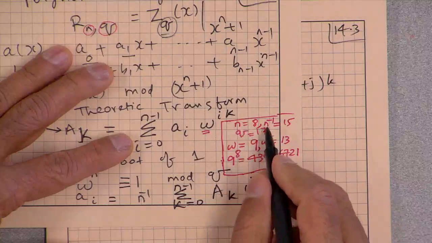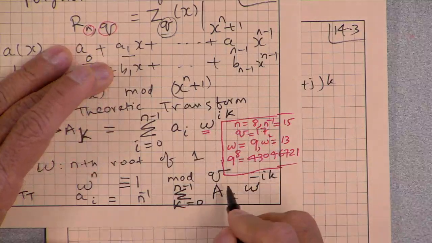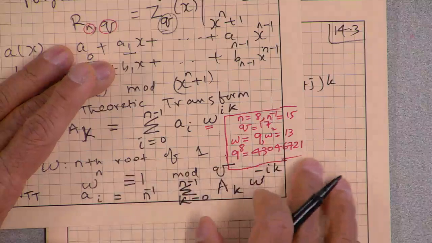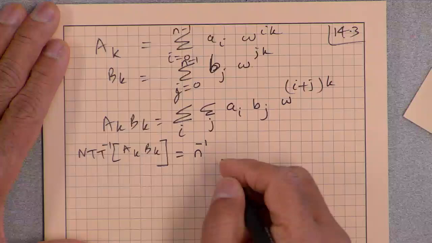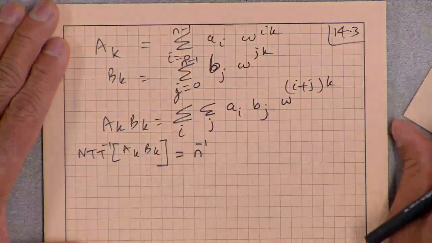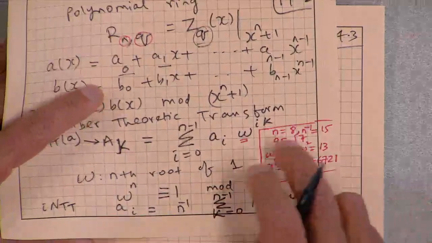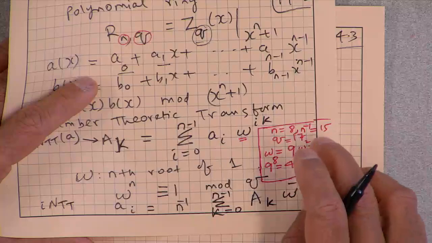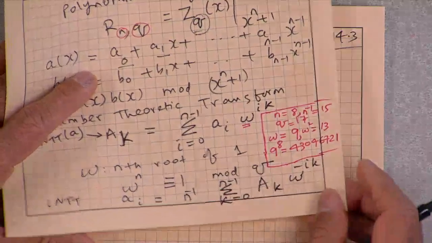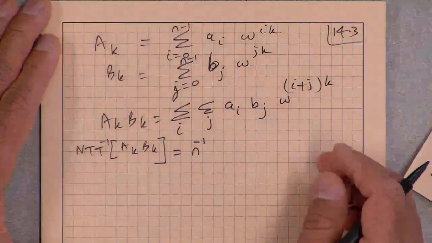So n times n inverse is 1 modulo q. So that's how everything is a modular number, so I don't want you to think of n inverse as 1 by 8, because that's not the case. N inverse is an integer strictly less than q.